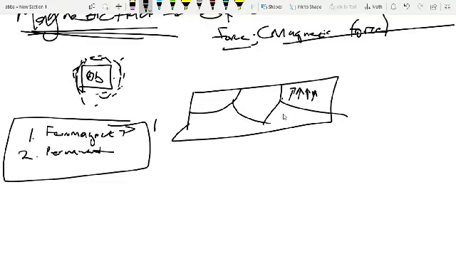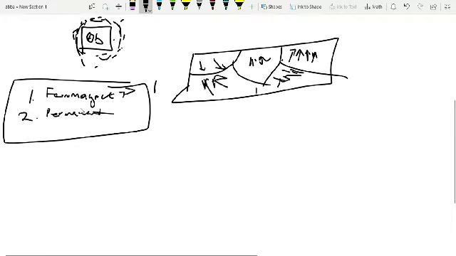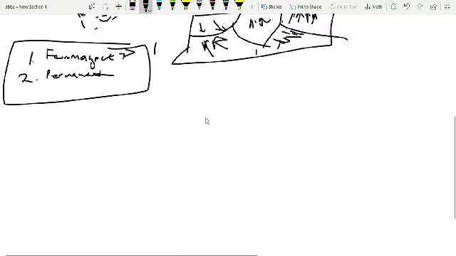They may have different directions across domains, but within its domain, they all have the same direction. Actually, I could say this about all of them, but I'm still focusing on ferromagnets. Now, these are lined up.